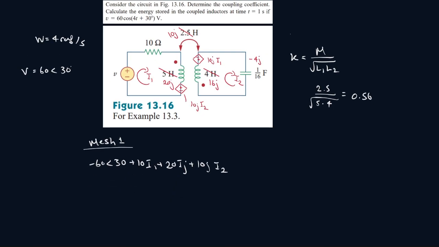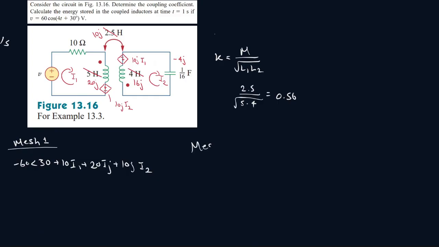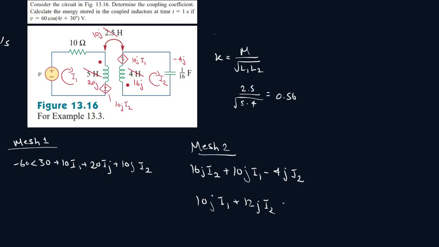Okay, so now for mesh 2, it's 16J I2 plus 10J I1 minus 4J I2. So 10J I1 plus 12J I2 equals 0.